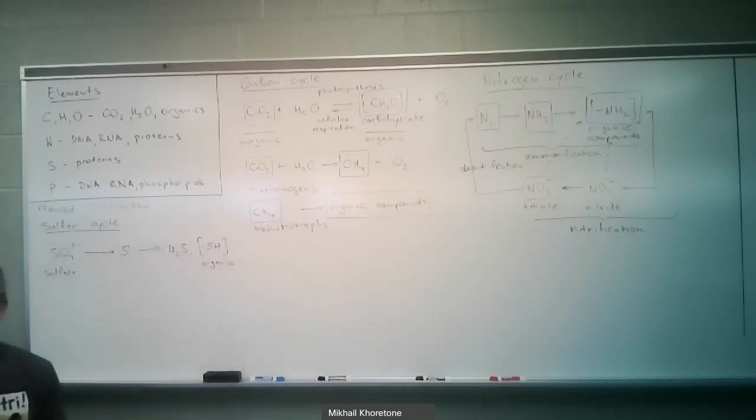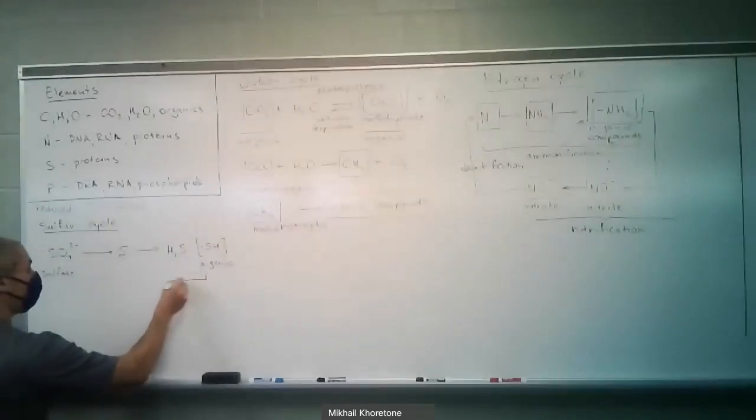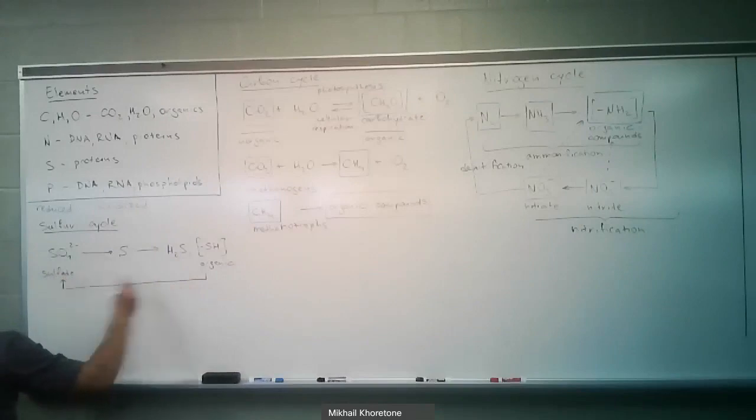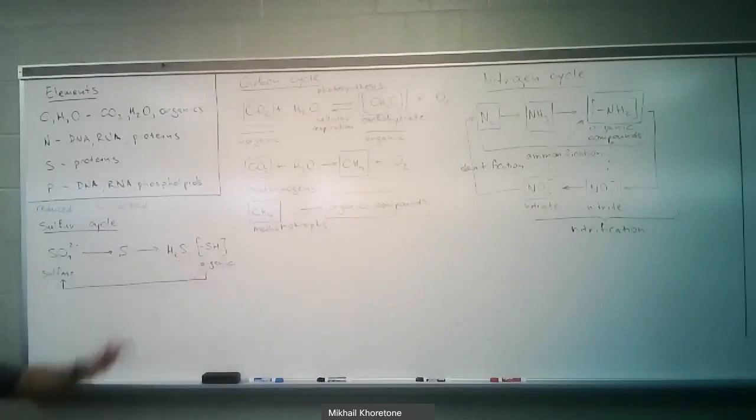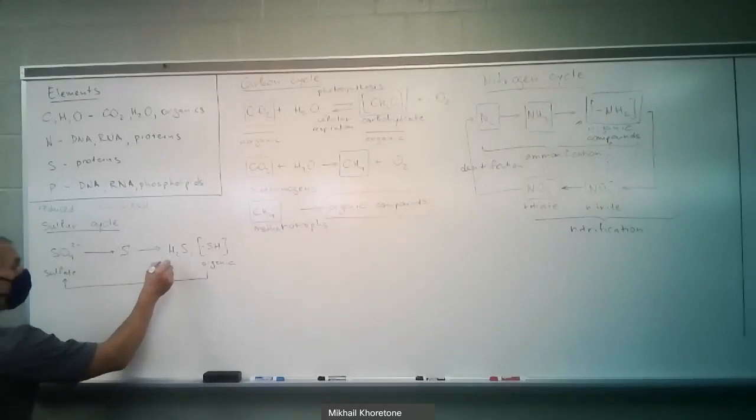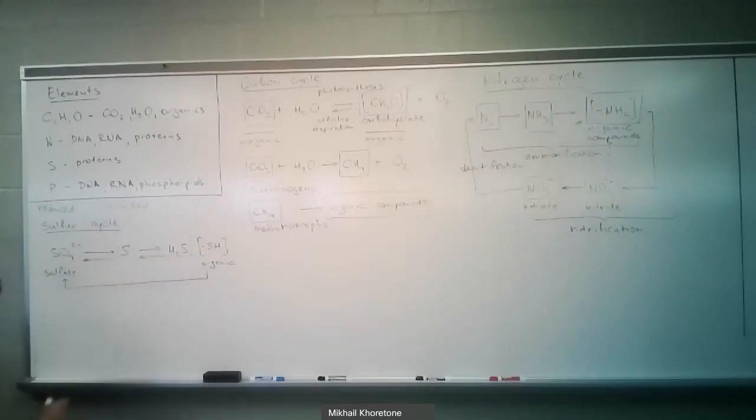But then, of course, in the process of decomposition, this SH, the thiol group, can be oxidized to sulfate, and hydrogen sulfide can be used as an electron donor in various processes like anaerobic photosynthesis, for instance.